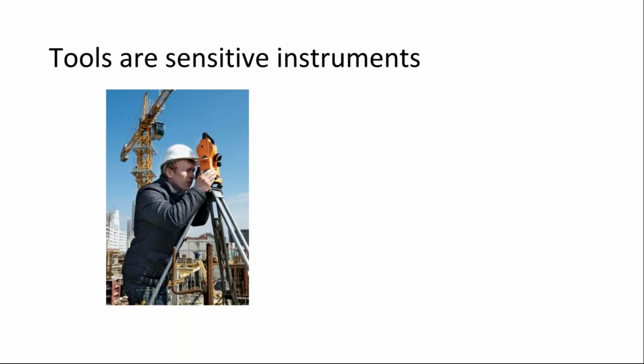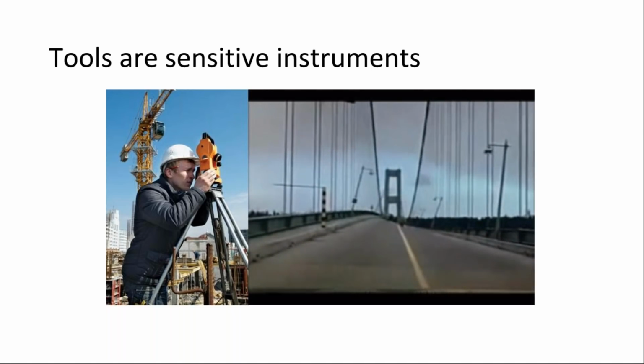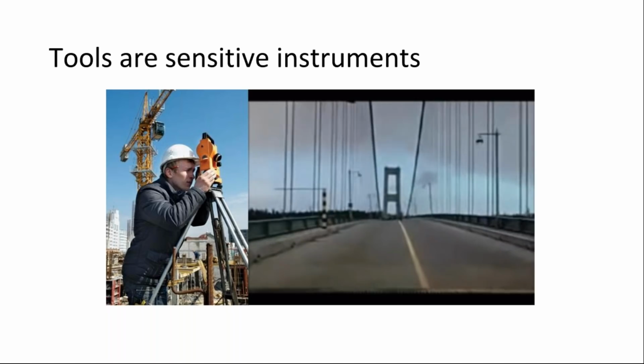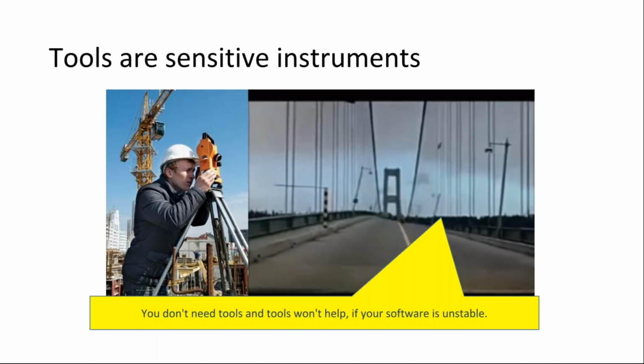So I've got a surveyor there who's using maybe a laser theodolite to look at the change in height between 2 corners of a building or 2 areas of land where you're trying to build a road or a bridge or another building. And the precision of these instruments is extremely high. But where we use test automation, it's a bit like we're using highly accurate sensitive equipment to detect movements of feet and meters.